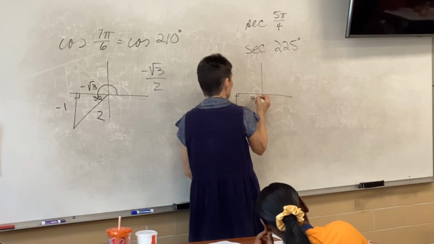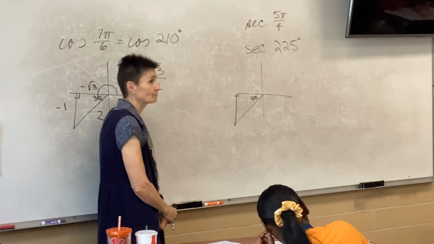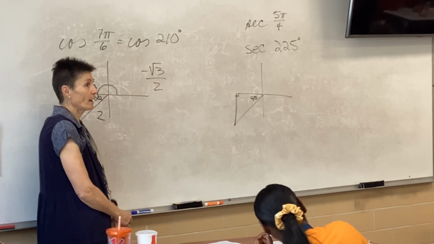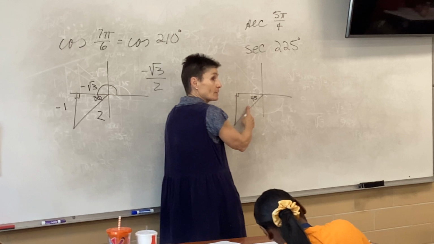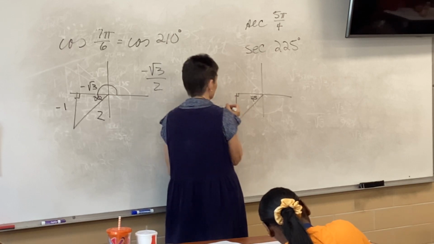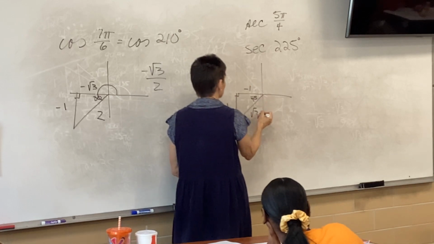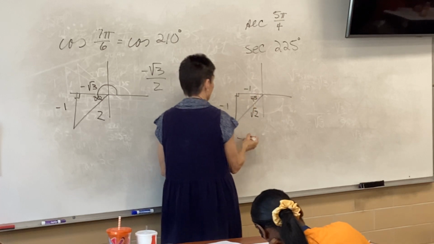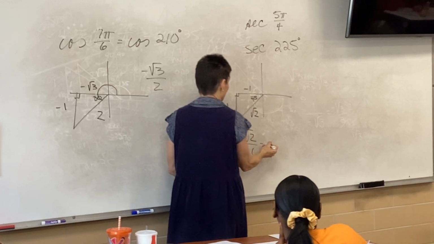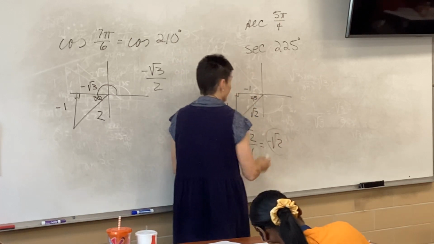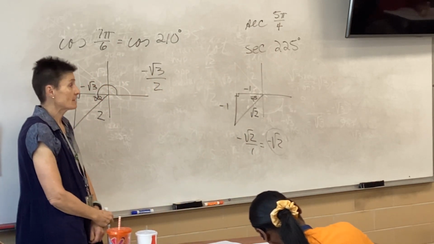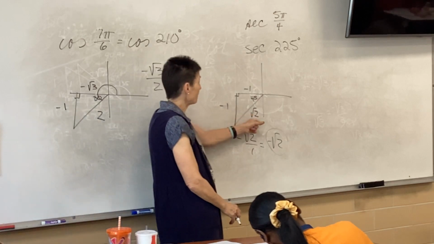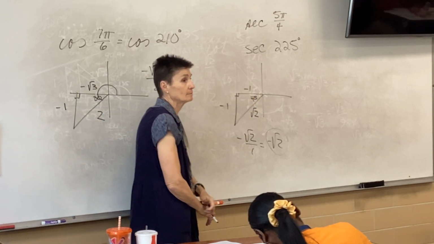Only this time her reference angle is 45, because she went 45 past 180 to get to 225. I got negative root 2 because my secant is hypotenuse over adjacent.